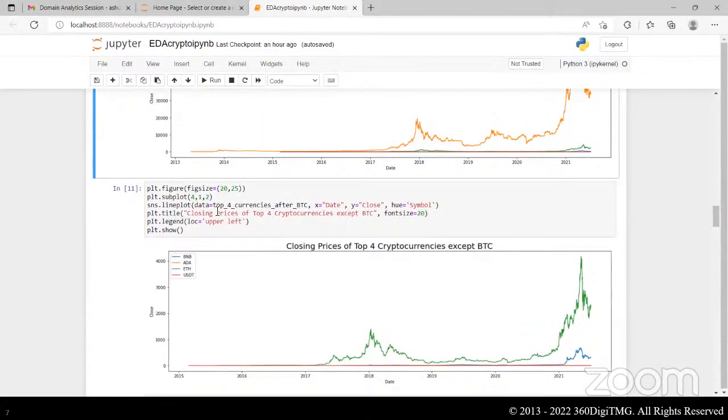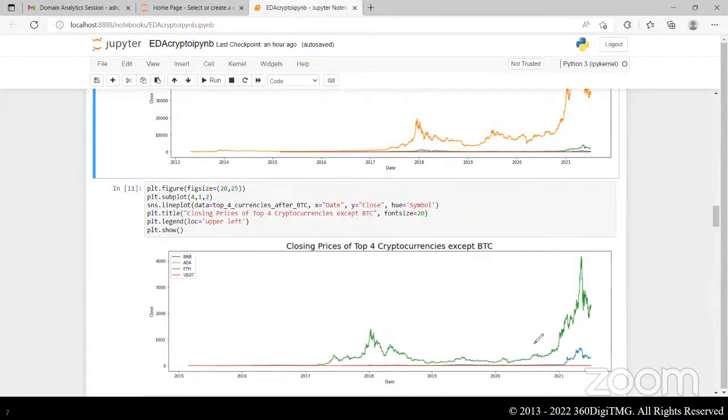And these are the parameters I have given, using which I am plotting this particular plot. Figure size I have given as 20 by 25. You can give whatever you want. plt.subplot 4, 1, 2. I have not used your Bitcoin over here. And these are the various titles and legends I am using.